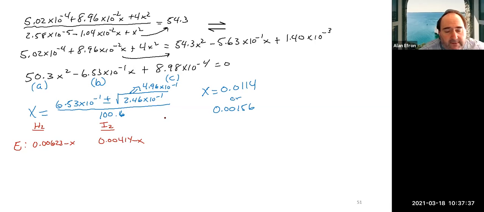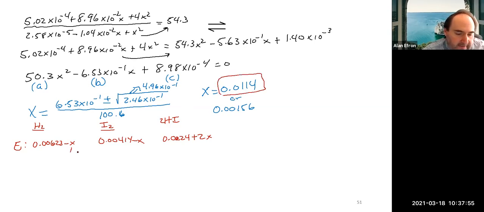And for HI, or 2HI, it was 0.0224 plus 2x. Looking at this, we can see that if we put this number back in here, it is going to give us a negative number. So this number would not be the right number, as it is too large for our H2 and I2. That means this one here should be our right number.